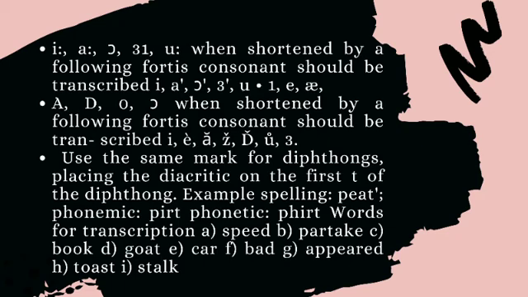Vowels when followed by a voiced consonant shall be transcribed with the lengthening mark. Use the same mark for diphthongs, placing the diacritic on the first part of the diphthong.